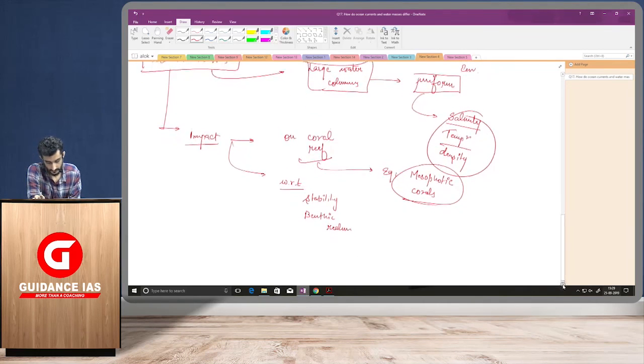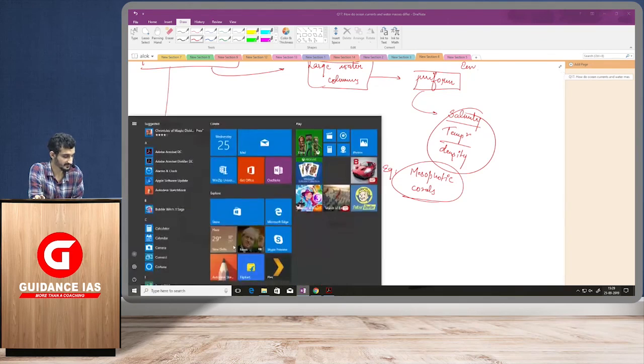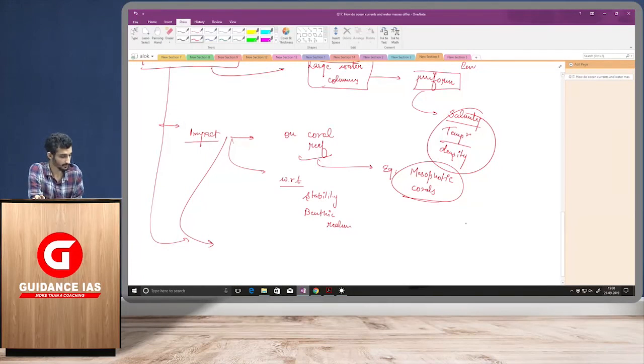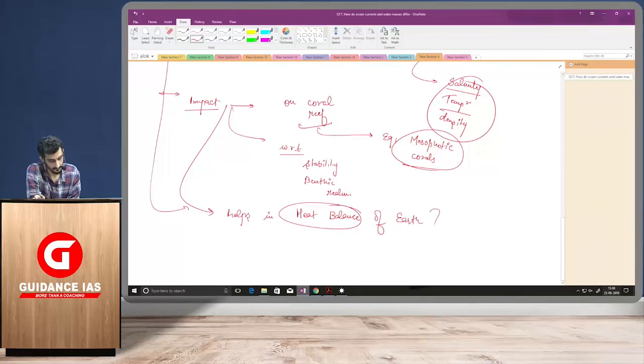and also in the long run the water masses help in heat balance of the earth, and therefore it maintains the temperature of the oceans.